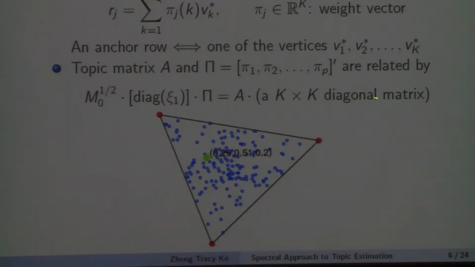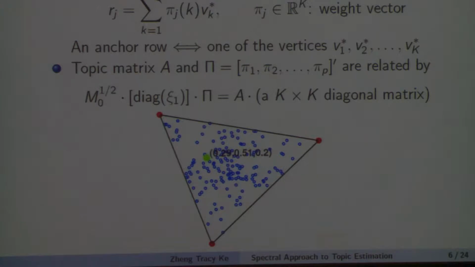Because this is a diagonal matrix, each column of A is proportional to the corresponding column of the left-hand side matrix. And remember, each column of A is a PMF, and it has to sum up to 1. So if we normalize each column of the left-hand side by its L1 norm, we immediately recover A. So this is our main idea.